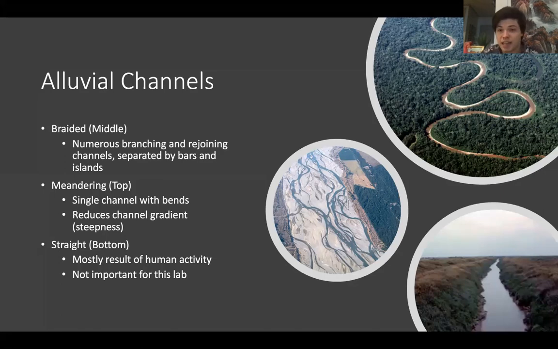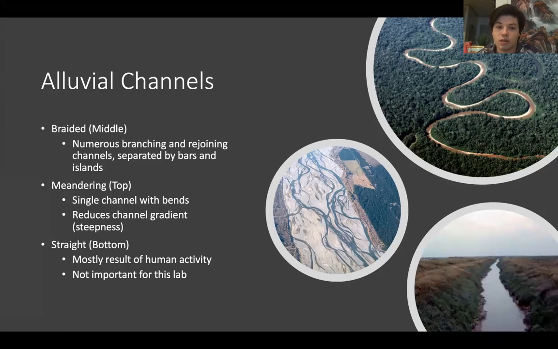There are 3 main types of alluvial channels. There's the braided channel, which you see here, and which we talked about last week in lab a little bit. Braided channels are numerous branching and rejoining channels separated by bars and islands. We'll be talking a little more about what those mean in a second. You can see that image here. They break apart, they come together.